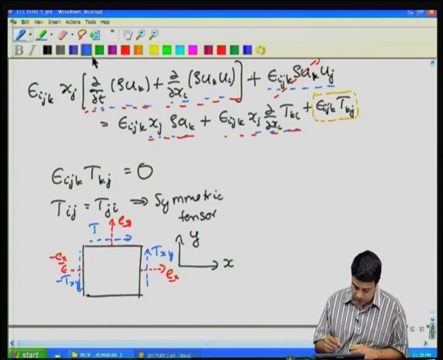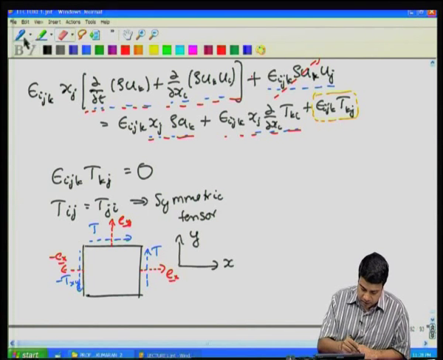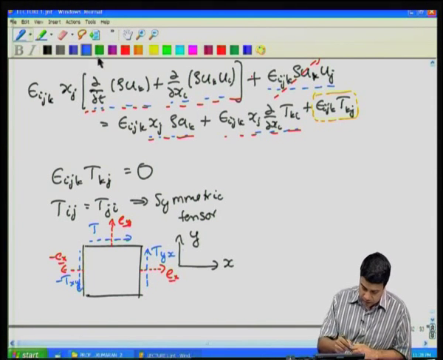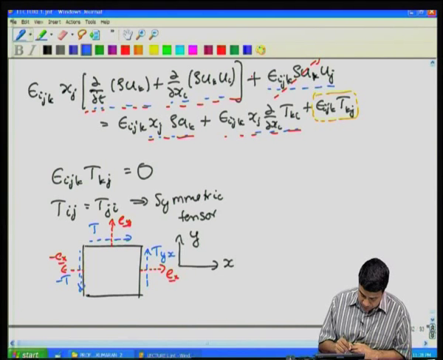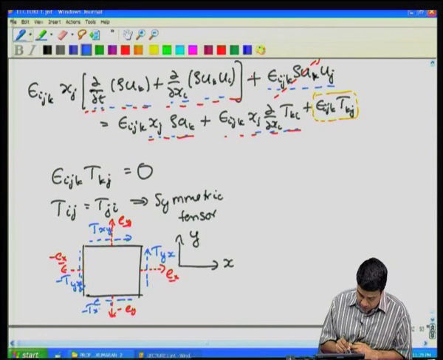I made a mistake here. The unit normal direction is y and the force direction is x. So, this should be T y x, and this is minus T y x at the bottom, where the unit normal is in the minus E y direction. And on the left, this is once again minus T x y.